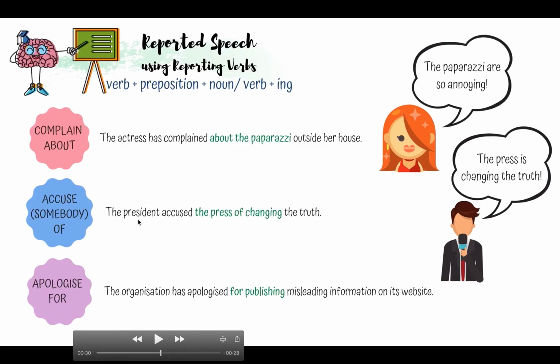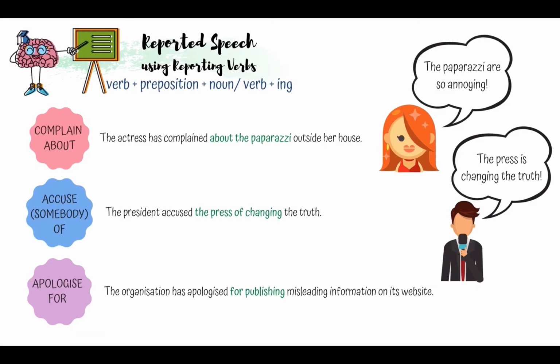The president accused, so we have our reporting verb. Somebody, so in this case it's the press. The press are reporters, people that work for the news. So the press is the news people.